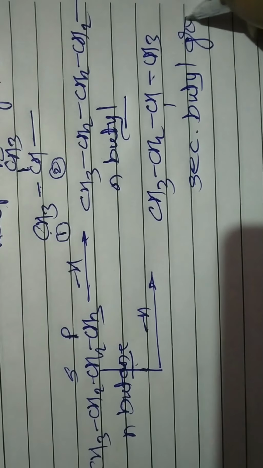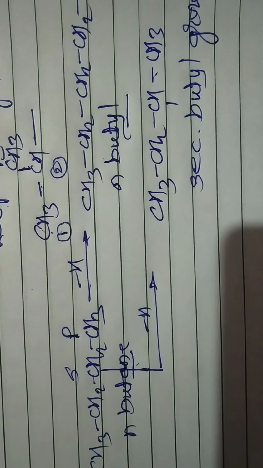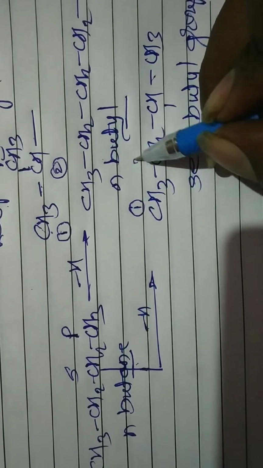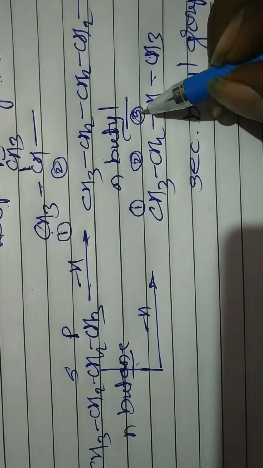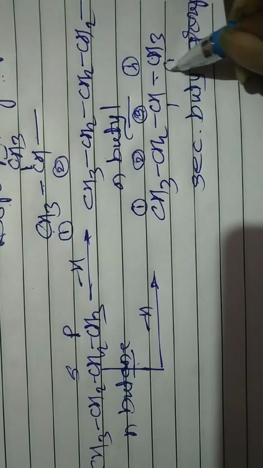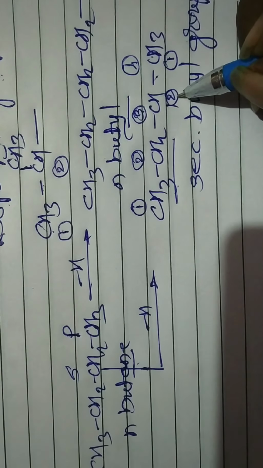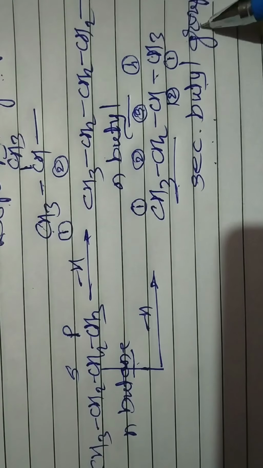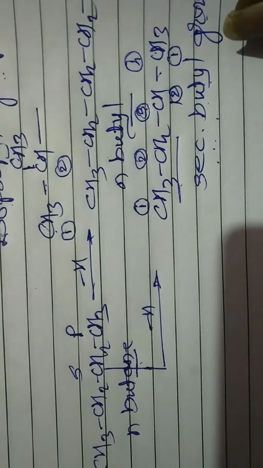But this secondary butyl group is not an isobutyl group, because if we consider the straight chain like this, 1, 2, 3, the methyl group is present on the third carbon atom. If we consider the chain as 1, 2, the ethyl group is present on the second carbon atom. Therefore, this group is only a secondary butyl group, not an isobutyl group.